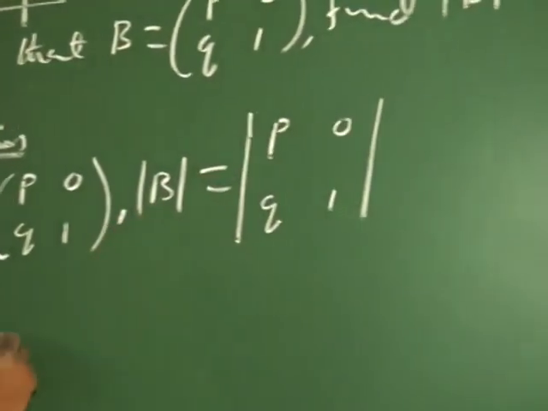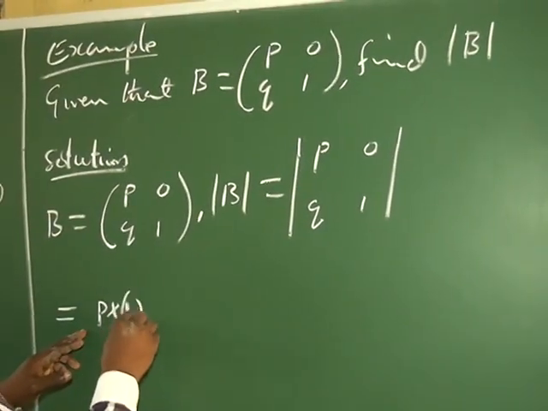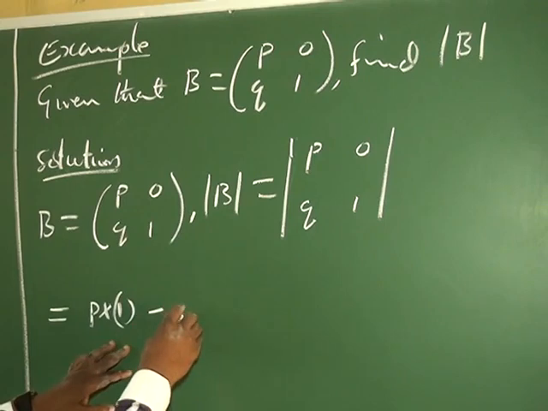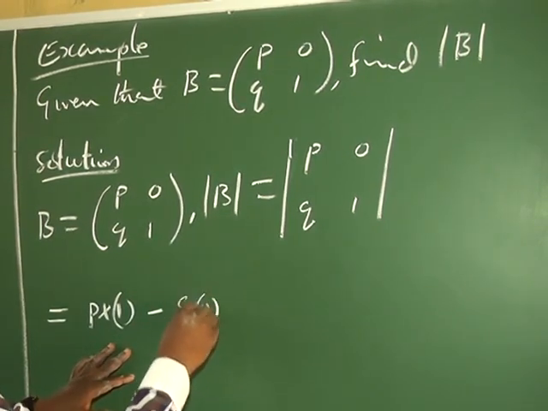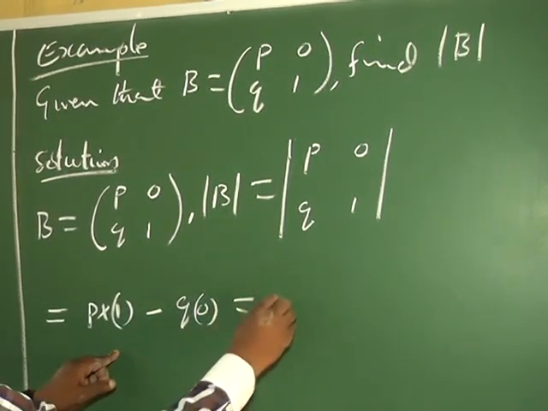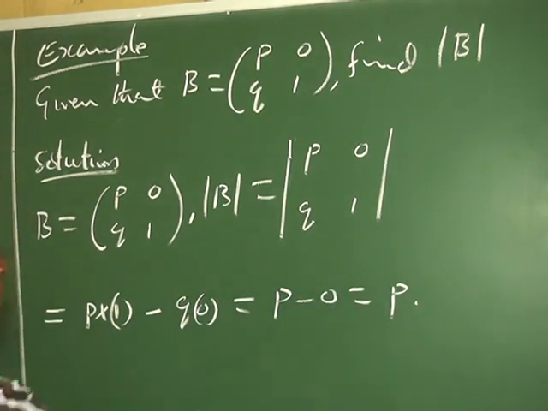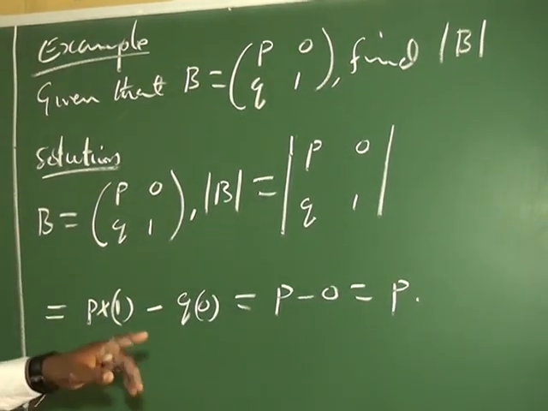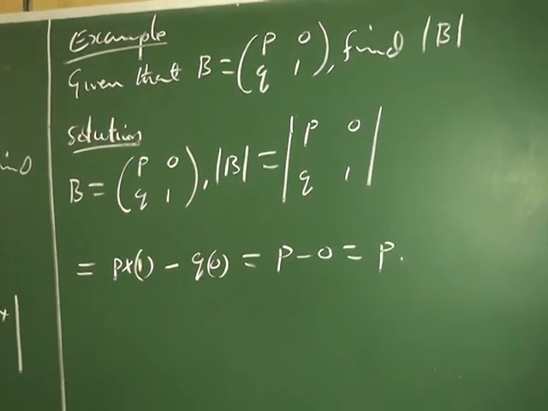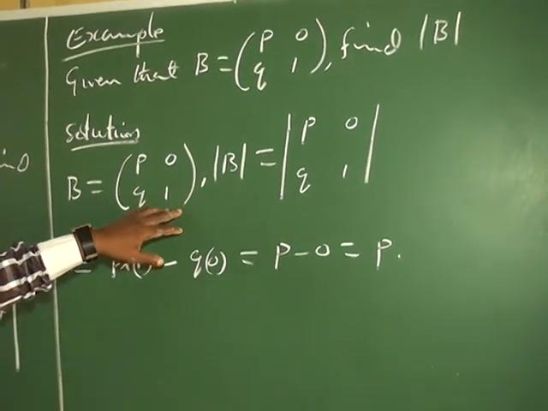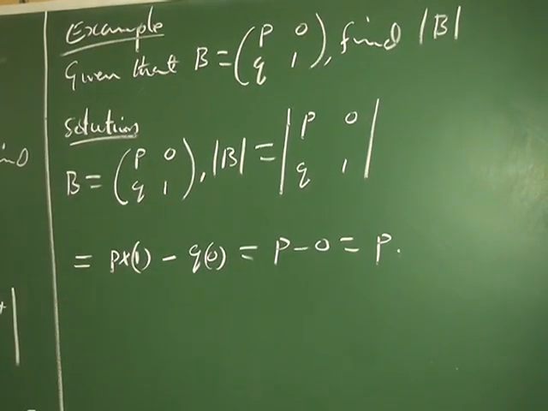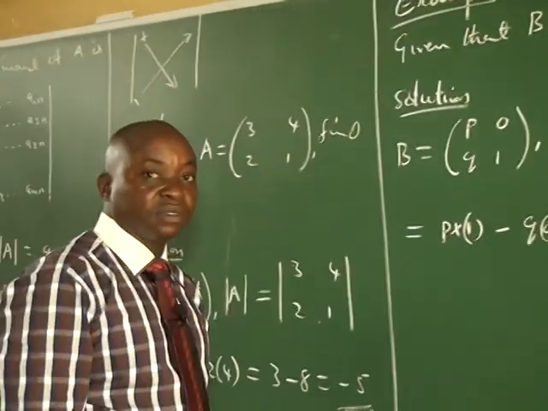So P times 1 minus Q times 0, that gives P minus 0, which equals P. So the determinant is P in this particular matrix. All right, let's take other examples.